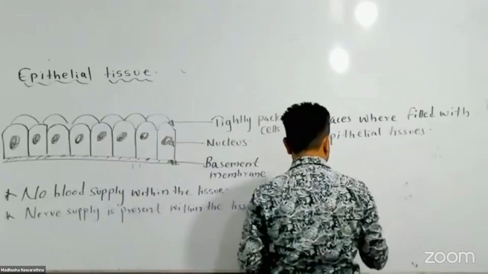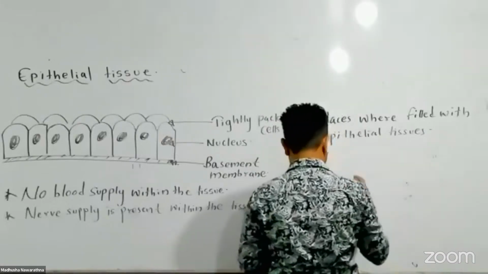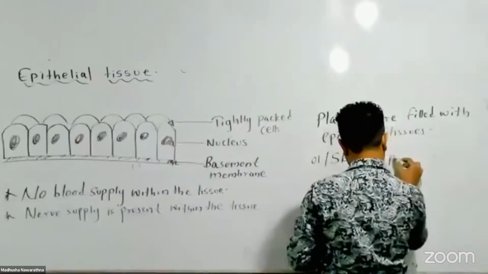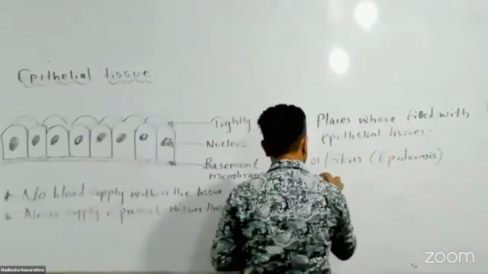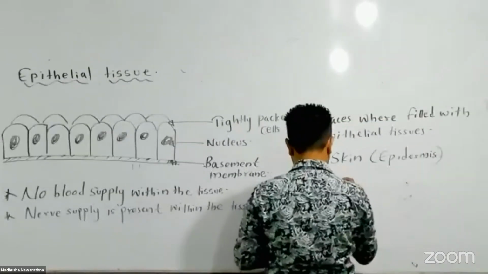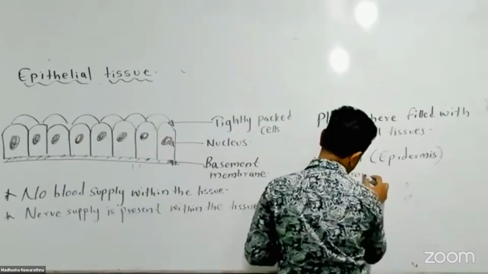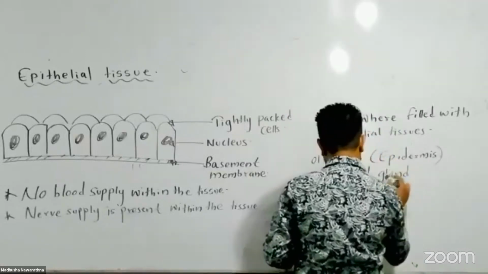Number 1, skin, or the epidermis. Number 2, thyroid gland.